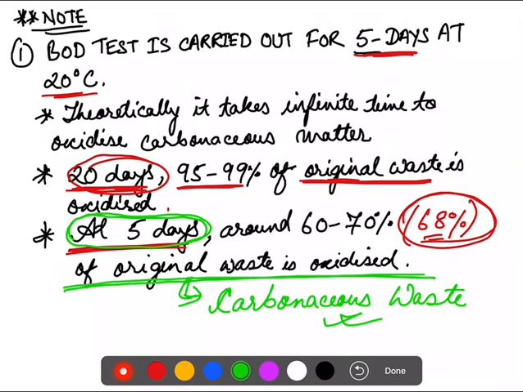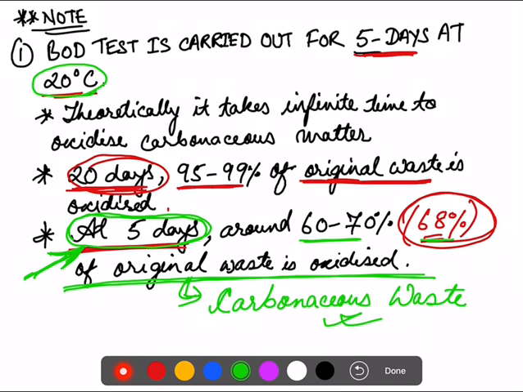At 5 days around 60 to 70, to be precise 68%, of the original waste is oxidized. Hence we take 5 days as a standard time for the determination of BOD of a given sample of wastewater, and that test is done at 20 degrees centigrade.